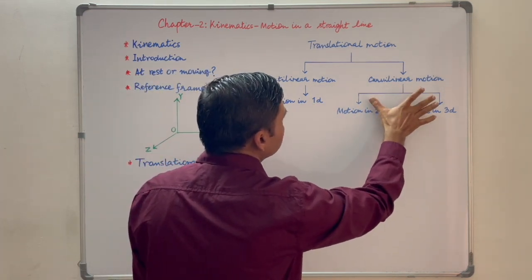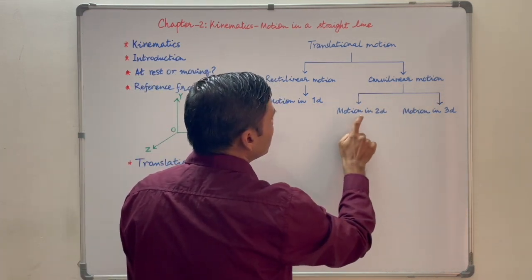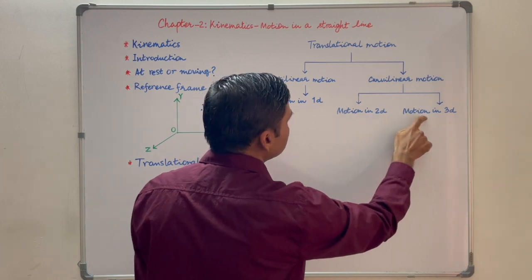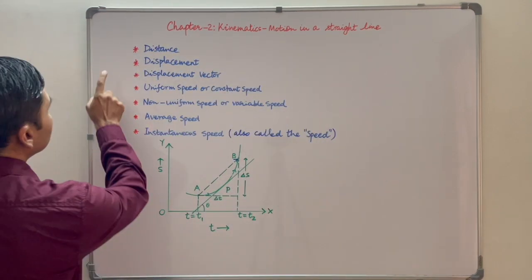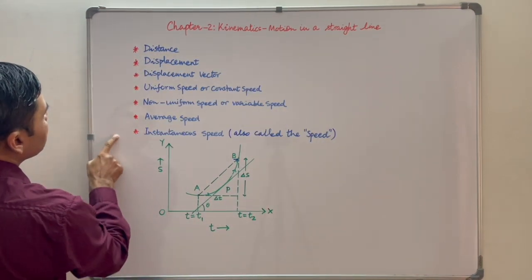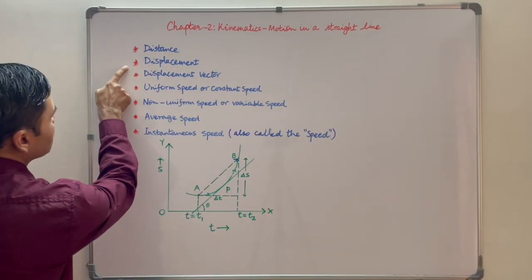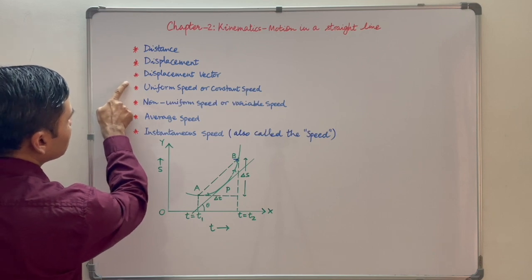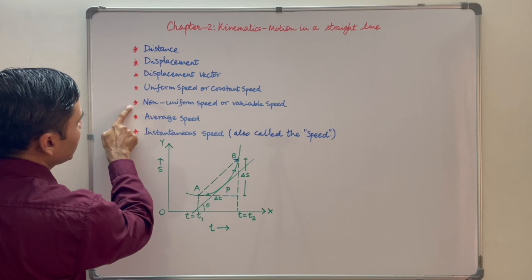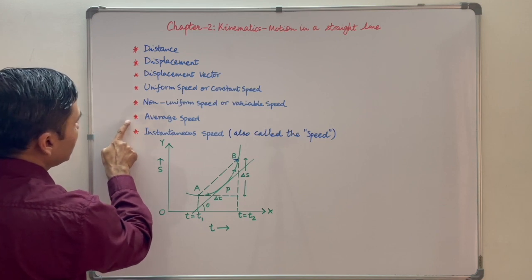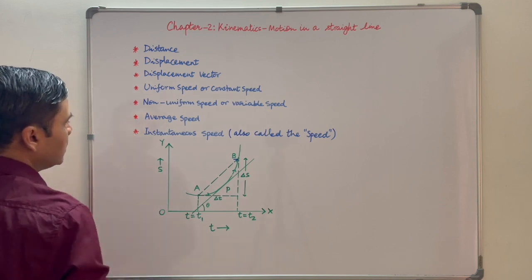Curvilinear motion can be divided into two categories, motion in 2 dimensions or motion in 3 dimensions, means motion in a plane or motion in space. Now let us understand these terms: distance, displacement, displacement vector, uniform speed or constant speed, non-uniform speed or variable speed, average speed, and instantaneous speed.